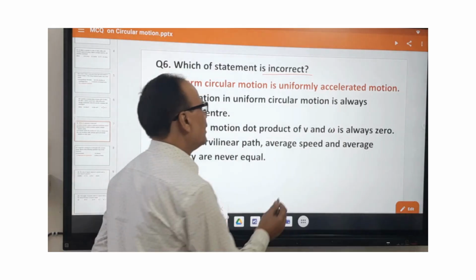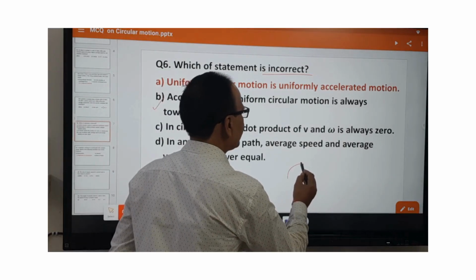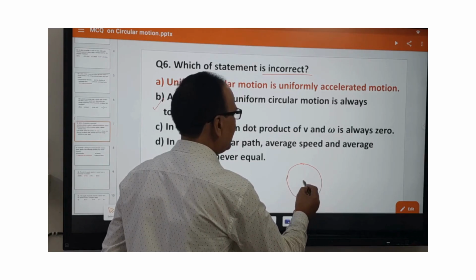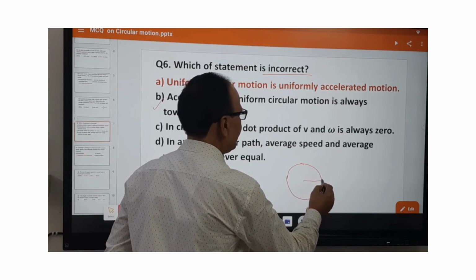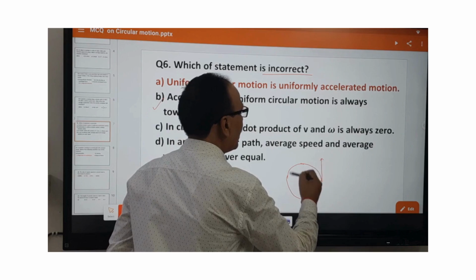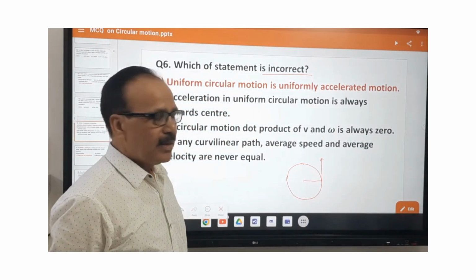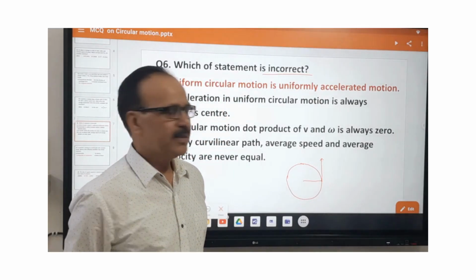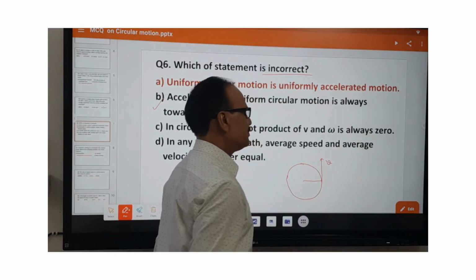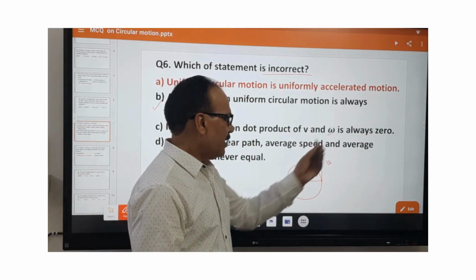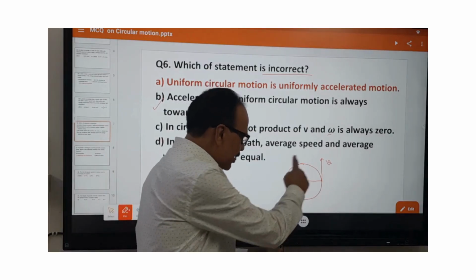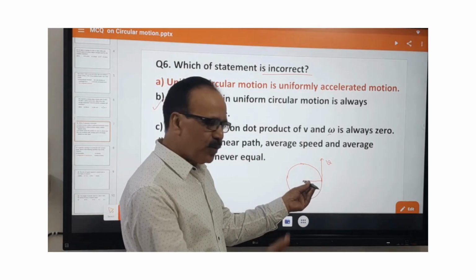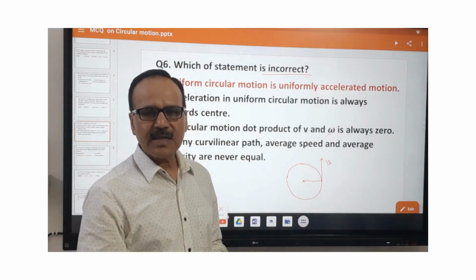As we know, the direction of linear velocity in circular motion is always along the tangent drawn at any point of the circular path, and this tangent will be in the plane of the circular path. So this is the direction of V. And omega is always perpendicular to the plane contained by the circular path. It may be outward or inward as per the sense of rotation.